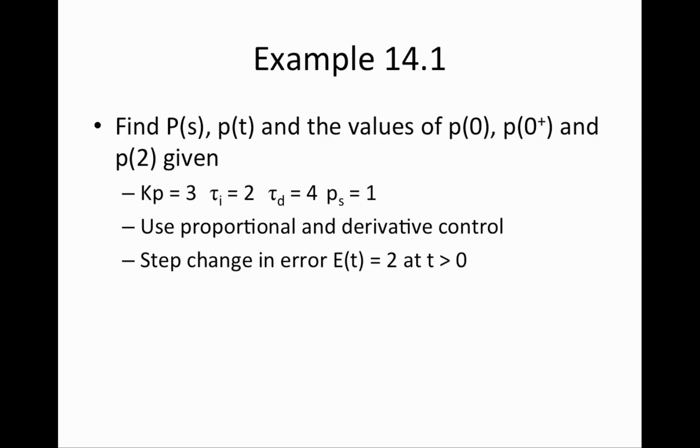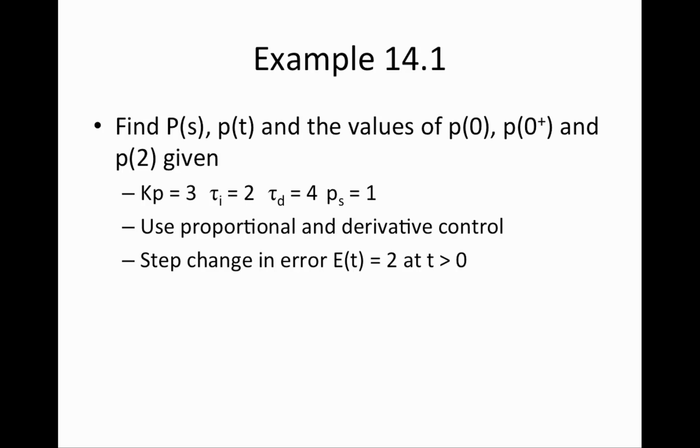In the end, we are going to solve an example problem, which is 14.1 in your textbook. In this example, you are asked, in a proportional and derivative control system, to find PS, PT, and the values of P0, P0 plus, and P2, given the following values for Kp, tau I, tau D, and PS.